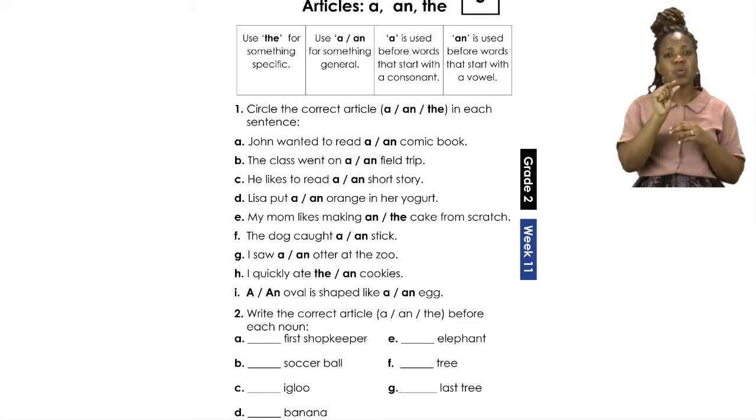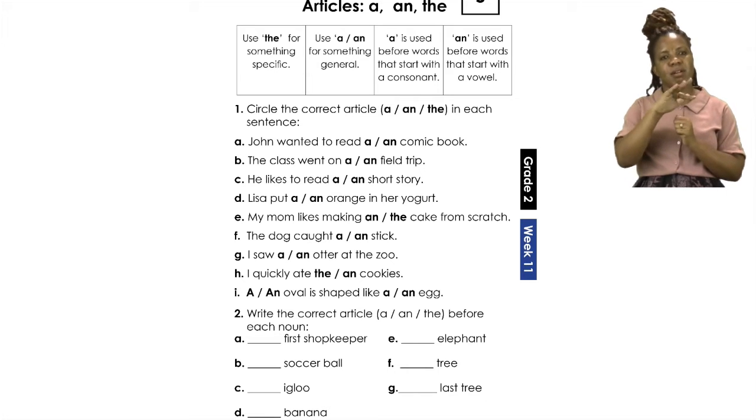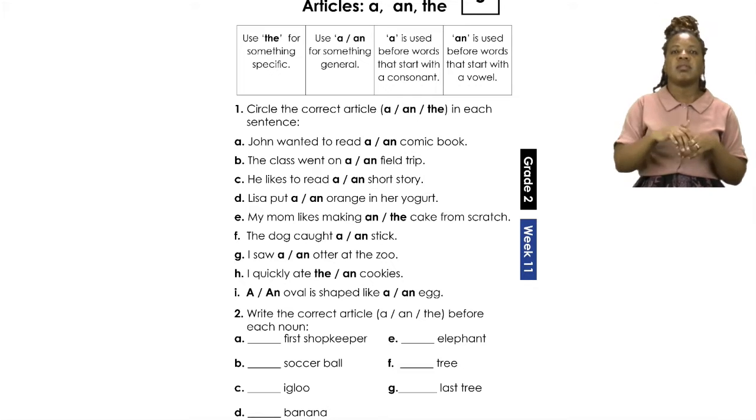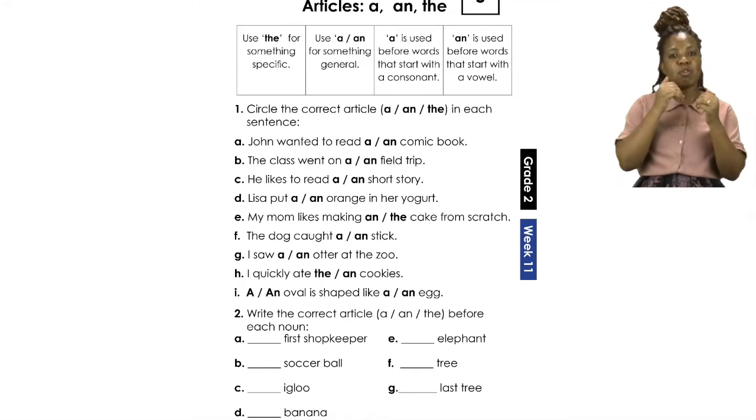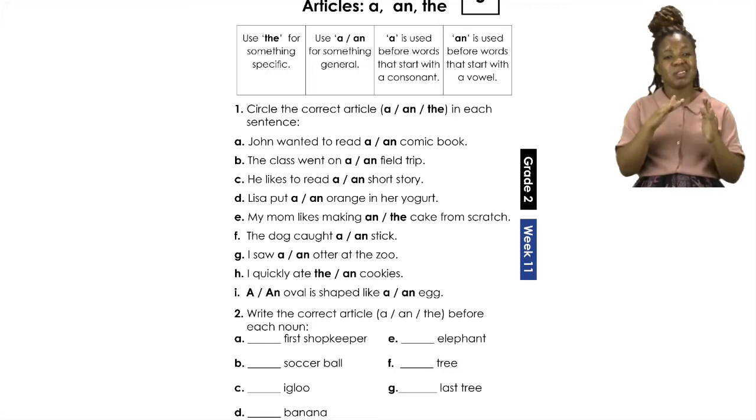The consonants are all the other letters in the alphabet that are not vowels. And then when we use an, we are using it before words that start with a vowel. Now, we all know our vowels by now, and these are a, e, i, o, and u.